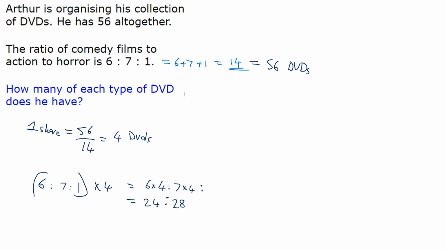And finally, 1 times 4 is equal to 4. And so that should be your final answer. One thing to notice is that when we do 24 plus 28 plus 4, it should still equal 56. That's how you know you got the right answer.